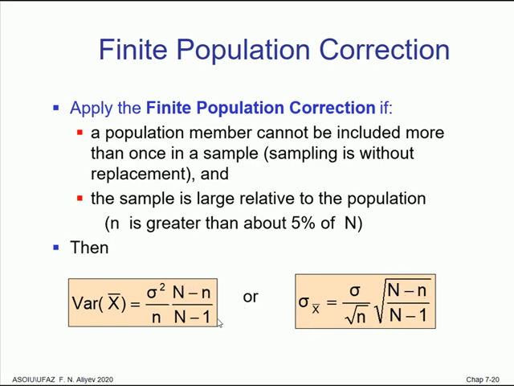Here this coefficient makes your calculations more accurate. You apply it when the sample size is more than 5% of the population size. It gives you a more accurate answer for probability and for everything.